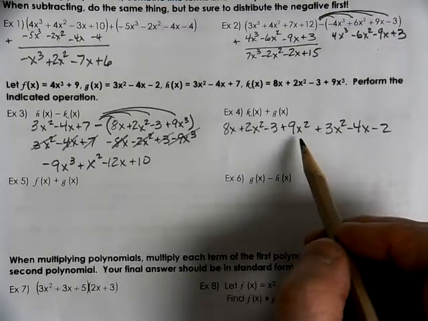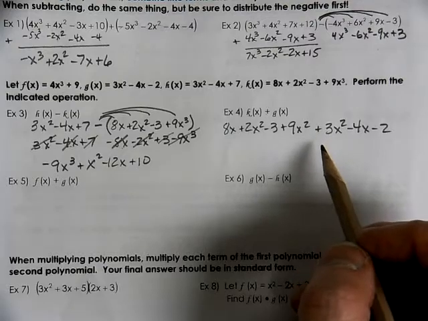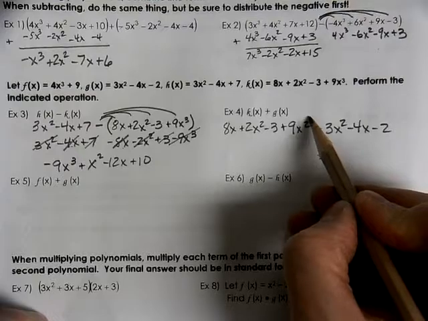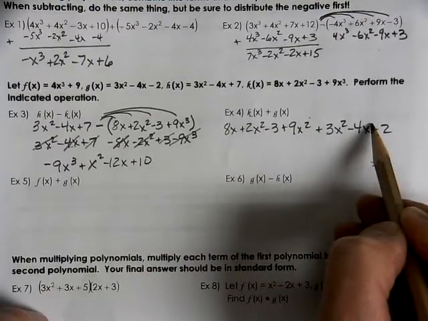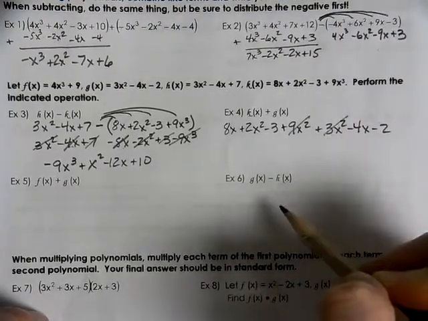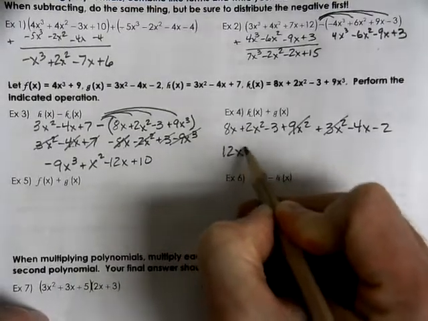So here we could write our like terms underneath each other to organize it out, or you can just do what's called grouping like terms. So we have no cubes. There are no x to the third powers here. So we have 9x squared and we have 3x squared. That's going to give us 12x squared.